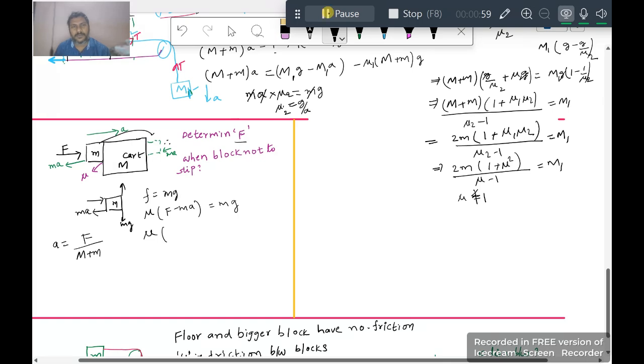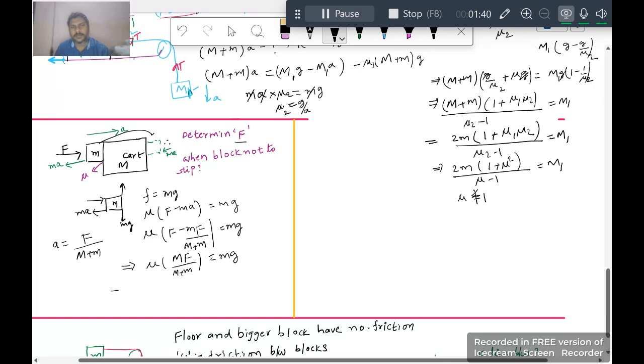That equal to mu into F minus small m into F by M plus m, that equal to small m into g. So now that implies, here small m into F and small m into F get cancelled. Mu into capital M into F by M plus m is equal to mg. So he's asking to determine the force, right?